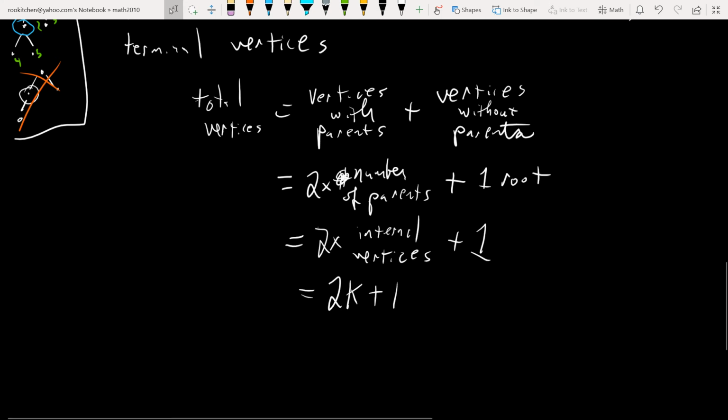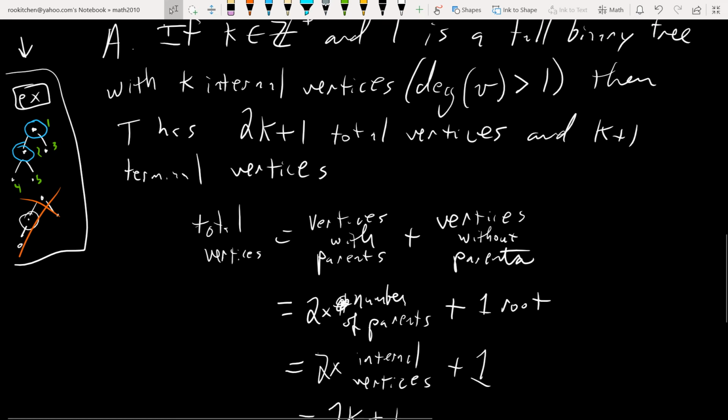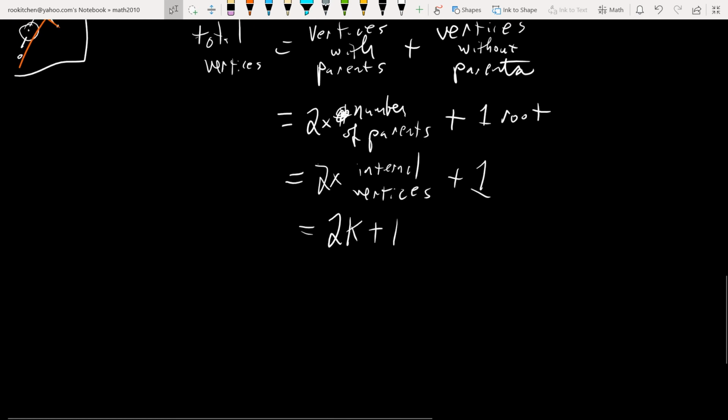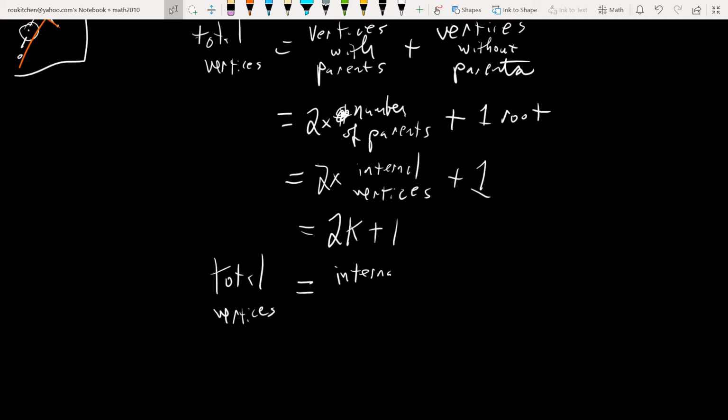And then how did they get that extra part? So how do they know it has k plus 1 terminal vertices? Well, you can play this game again. You can say, all right, the total number of vertices must equal the number of internal vertices plus the number of terminal vertices.